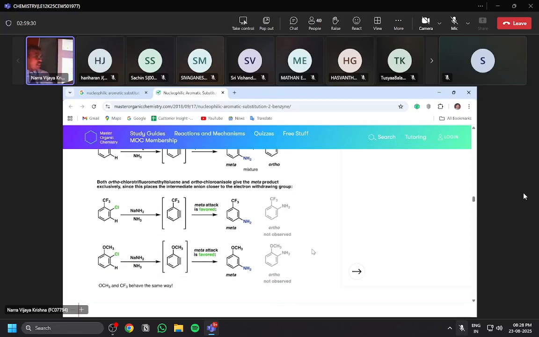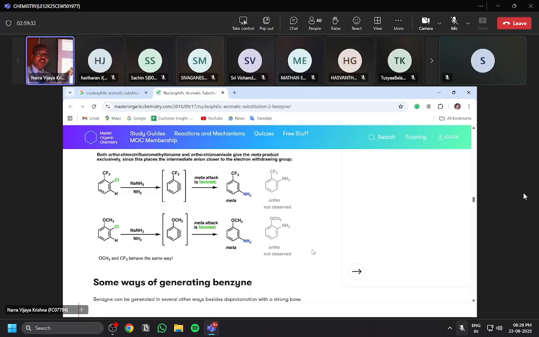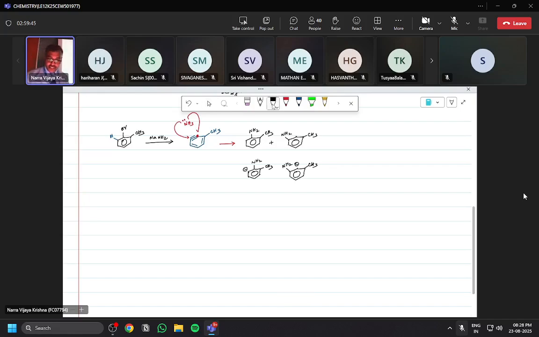In case of CF3, what type of group is CF3? Withdrawing group. Strong minus I group. If it is a strong minus I group, what happens? Negative charge here becomes stable. Are you able to understand? Instead of CH3, if it is CF3, negative charge here becomes more stable because it is a strong minus I group.